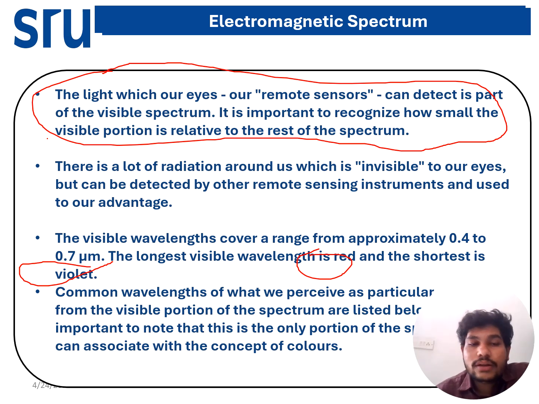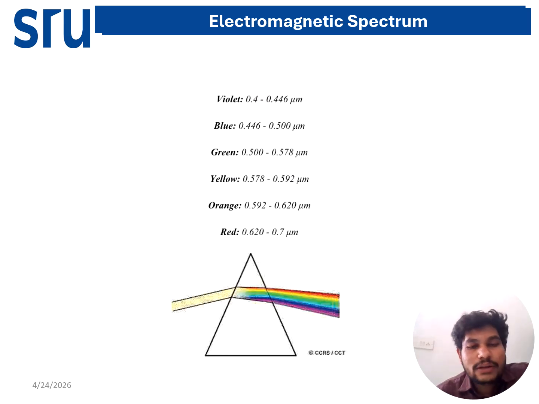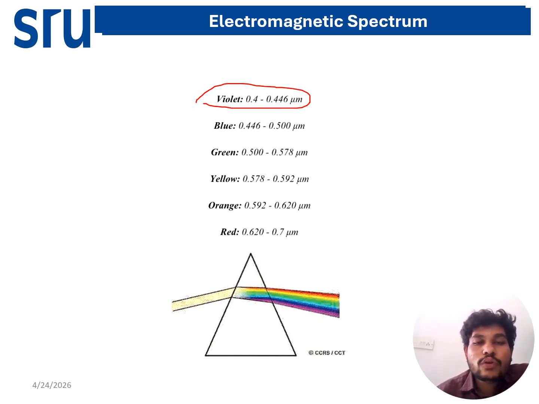So some common wavelengths we will see here, and which color forms when light passes through a prism. Violet wavelength is 0.4 to 0.446 micrometer. Blue wavelength is 0.446 to 0.500 micrometer. Green is 0.5 to 0.578 micrometer.